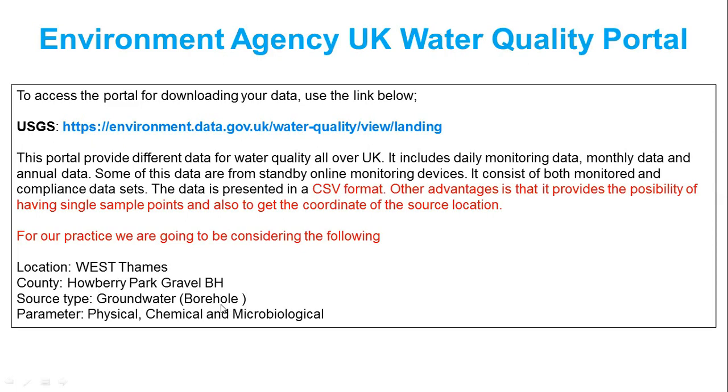You'll see how we select this, and then we go back to the website and you see this particular location, Harbury, where we get our data from, and you discover that it's groundwater, and the type of groundwater source, which is borehole, is indicated. It's particular borehole data which we are getting from the UK. And the parameters, we also include all of these parameters.